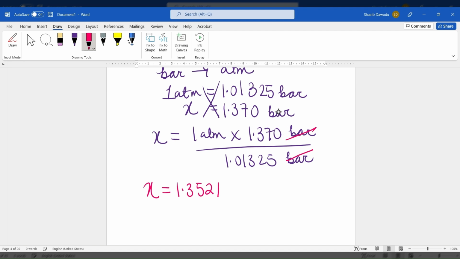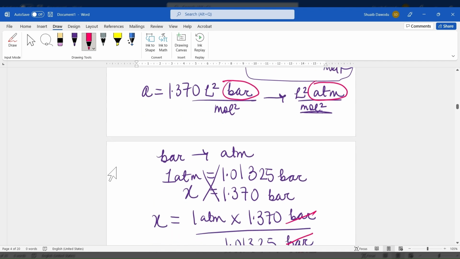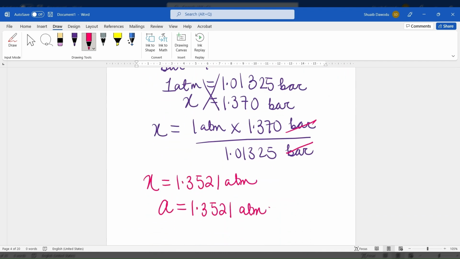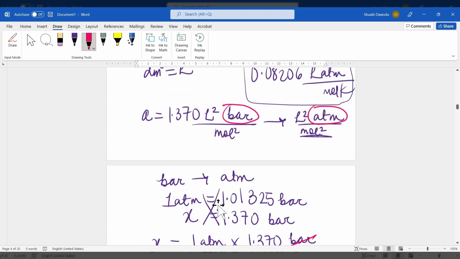When we do the division in our calculator, we end up getting 1.3521 atmosphere. So we can rewrite the value for A, the strength of attraction, to be equal to 1.3521 atmosphere liter squared divided by mole squared. So this is now a new value for A, in the proper units.